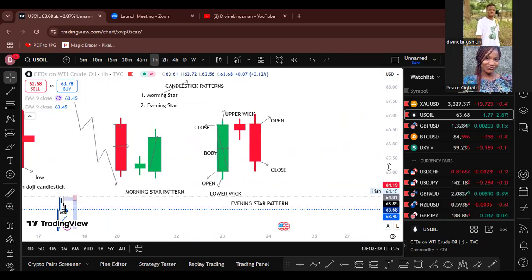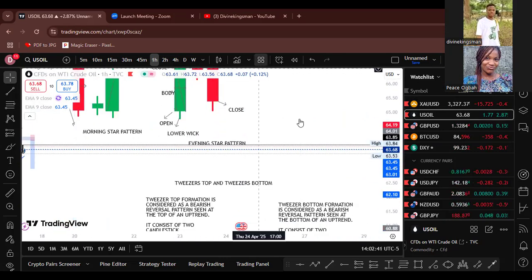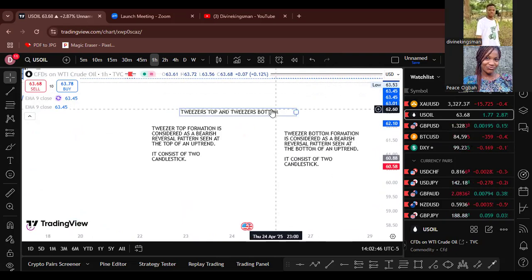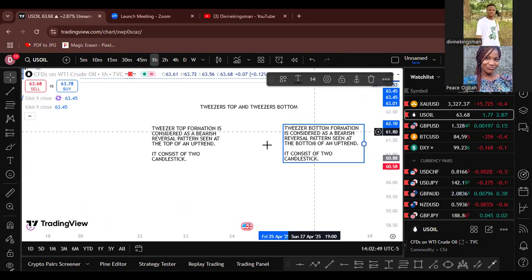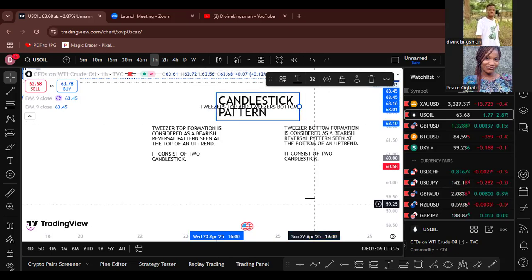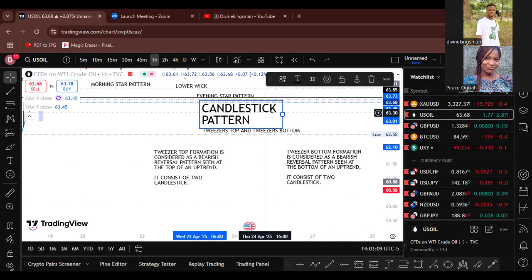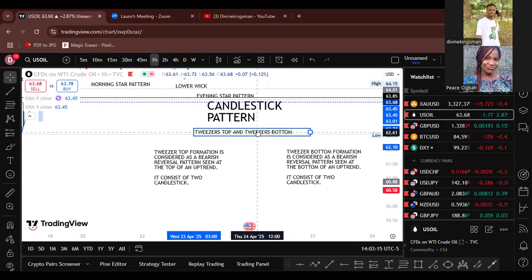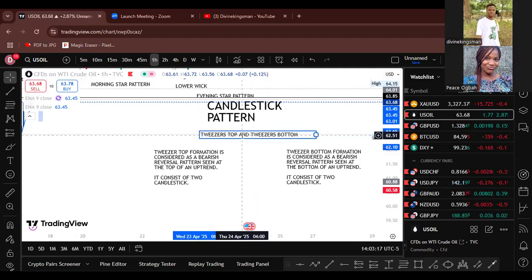So today we'll be talking about another candlestick pattern, which is called the tweezer top and the tweezer bottom. These are other candlestick patterns that we'll be talking about today. The first one is the tweezer top, while the second one is the tweezer bottom.